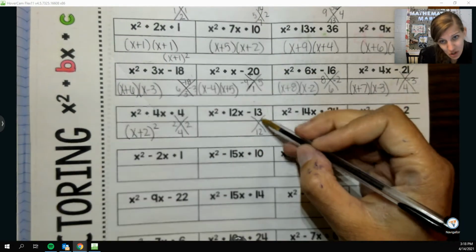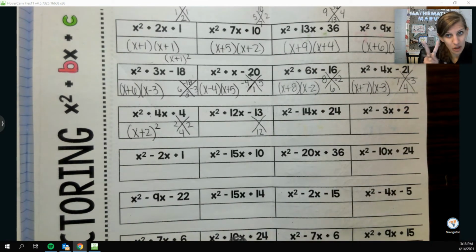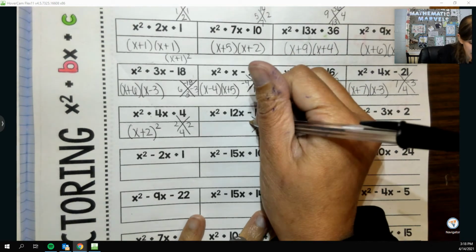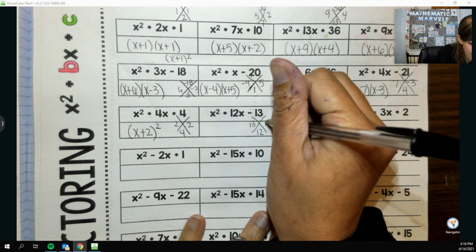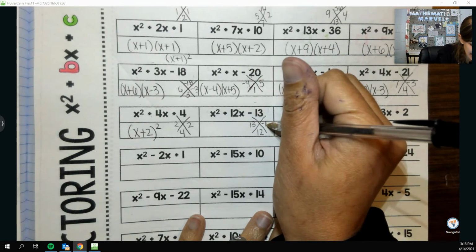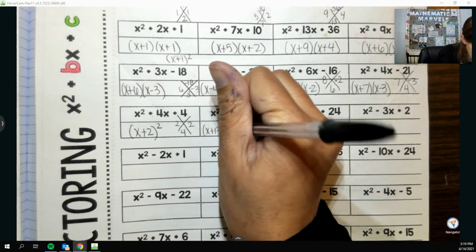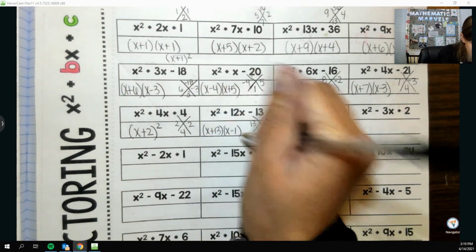Now, if the sum is very large, then that means your mystery numbers are very far away from each other. So I think what I want here is 13 and 1. We'll multiply to 13, but I need the 1 to be negative to get a positive 12. So x plus 13, x minus 1.